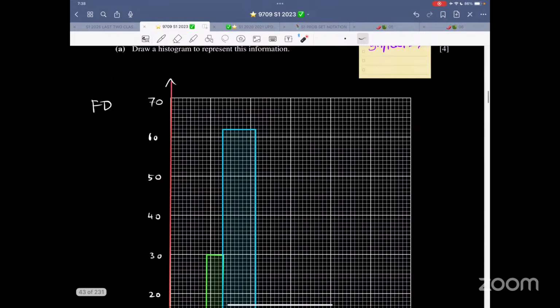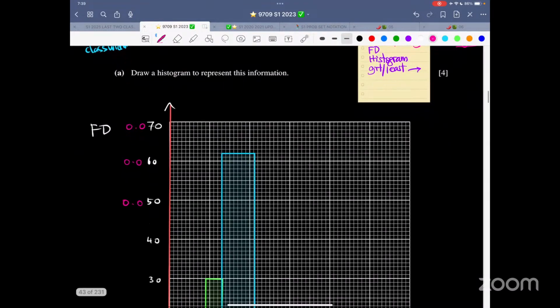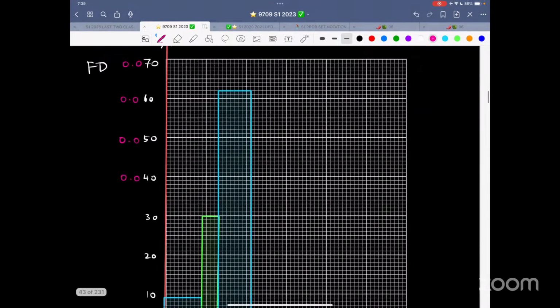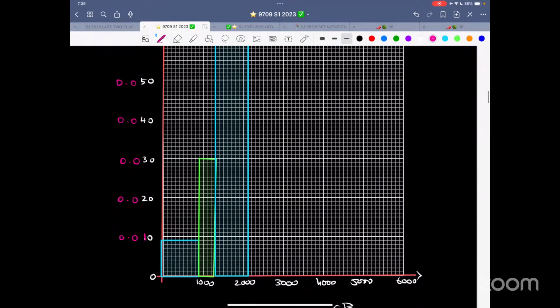So frequency density is 1 over 1000. Let me add some zeros. So this is 0.07, 0.06, 0.05, 0.04, 0.03, 0.02, 0.01, and that is how we are getting these values.